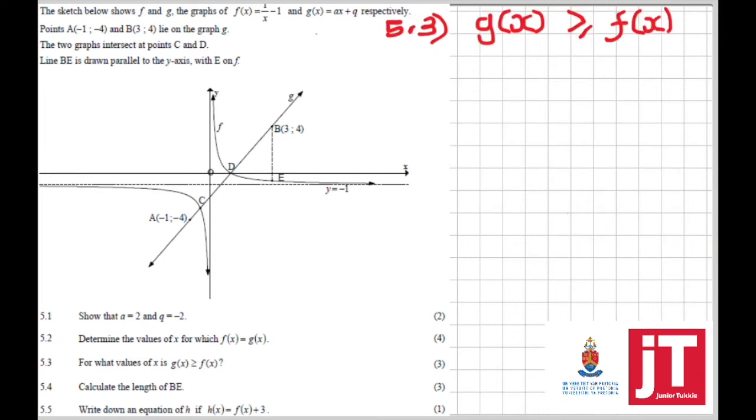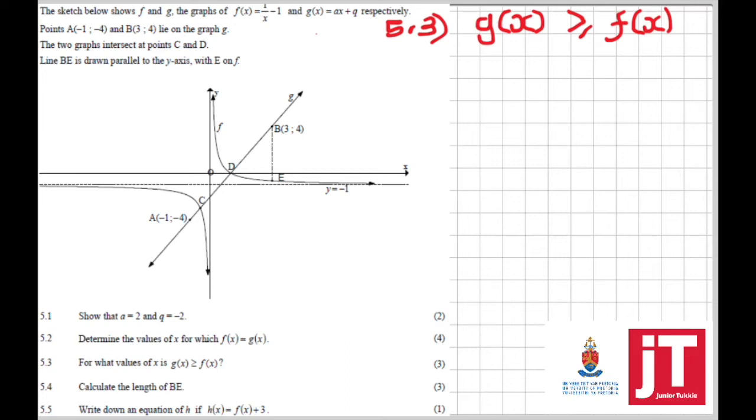In our next question, 5.3, they say for which values of x is g of x greater than or equal to f of x? The interpretation of such a question is that g of x, the straight line, has to be above f of x, the hyperbola.